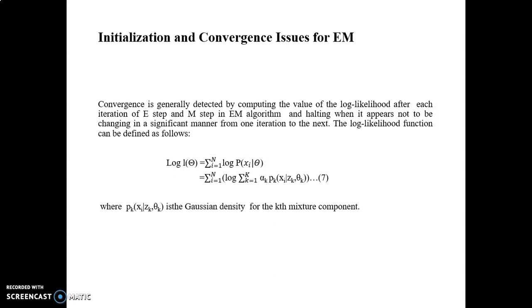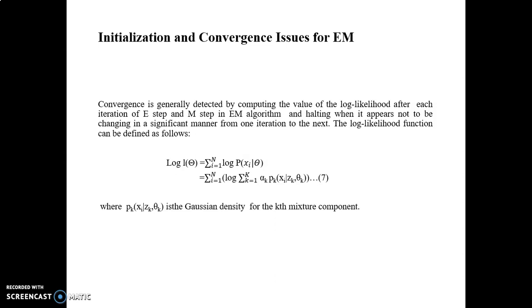The log likelihood function can be defined as log L of theta equals the summation of i equal to 1 to n of log p of xi given theta, which equals the summation of i equal to 1 to n of log of the summation of k equal to 1 to K of alpha k p k of xi given z k, theta k.